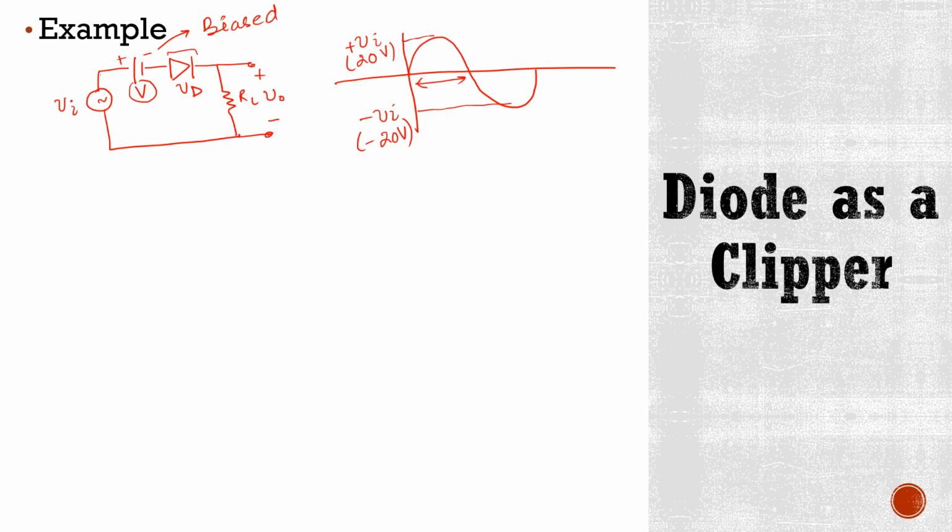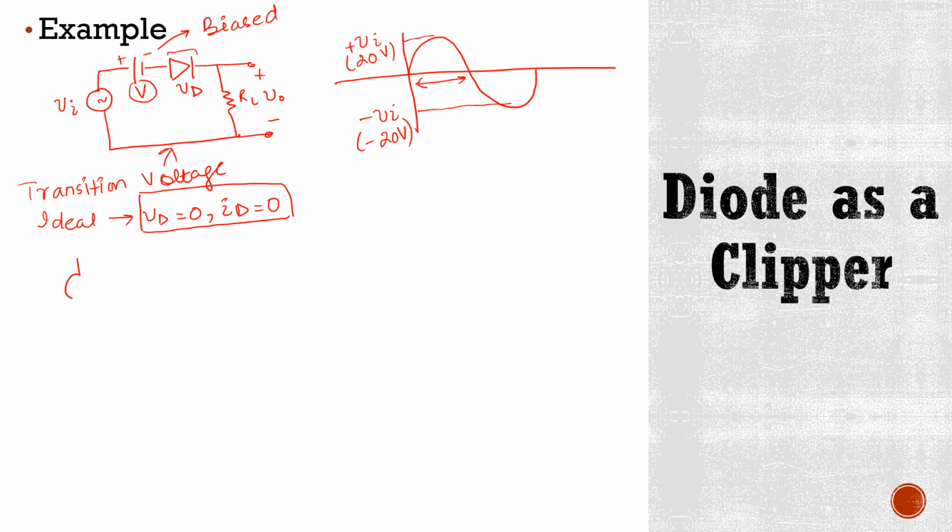So in this case we will find transition voltage. This transition voltage will cause a change in state for the diode. In case of ideal diodes, transition between states will occur at a point where Vd is 0 and Id is also 0. So this is the condition of transition voltage in case of ideal diodes. So if you apply this condition here, you get a circuit like this.